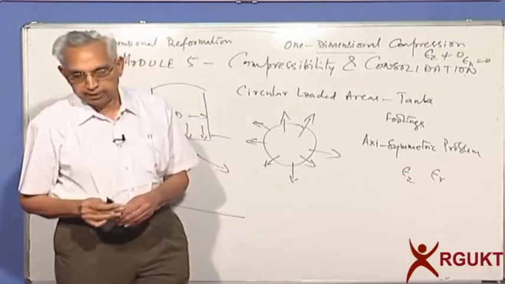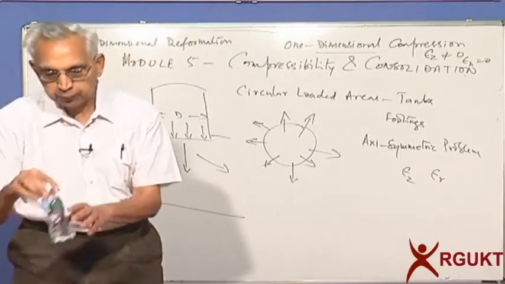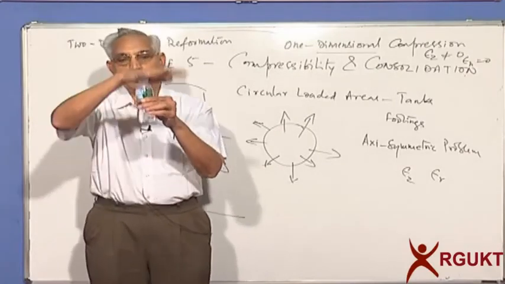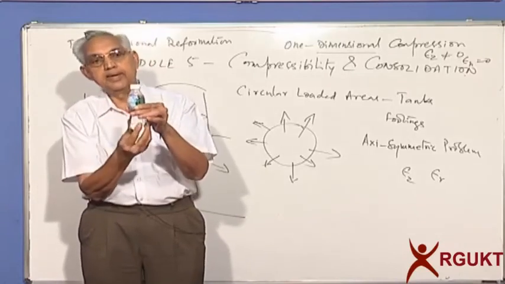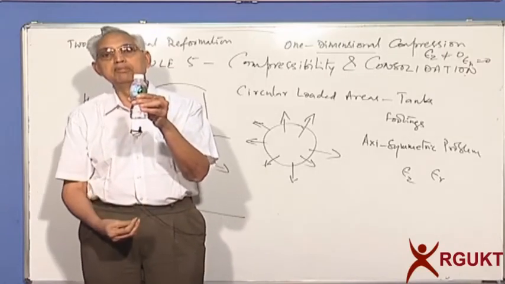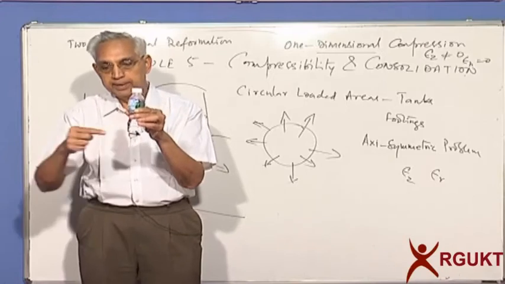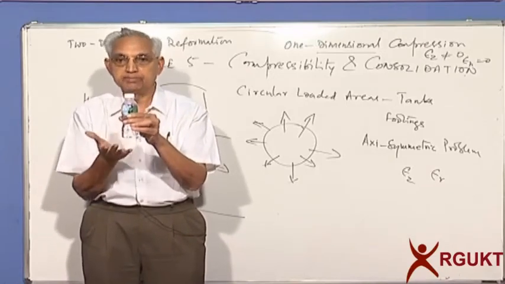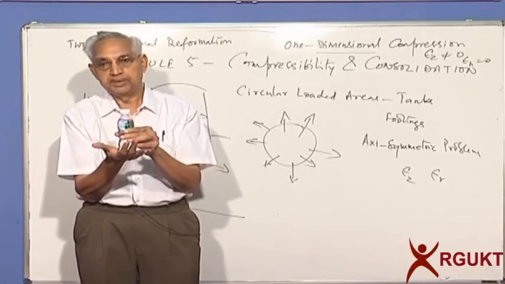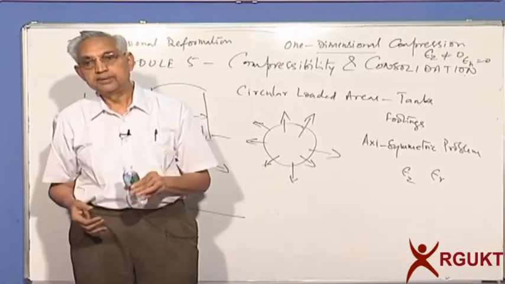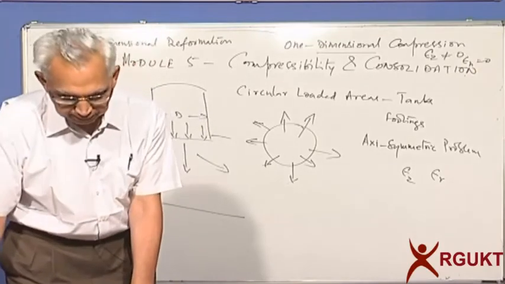Please remember, when you are applying the load on a circular area, not only will the deformation be downward, but it can be in all directions within the plane of the deformation, that is the horizontal plane. So these are called the axisymmetric problems.